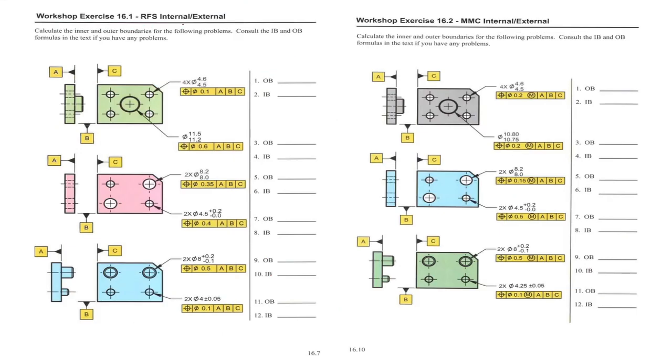And then here in the next exercise, we have to find out the IB and OB, internal boundary and outer boundaries, for these holes and pins, and these dimensions are regardless of feature size. So for regardless of feature size, the outer boundary for this hole is 4.6 plus 0.1, it's 4.7, and the inner boundary is 4.5 minus 0.1, it's 4.4.